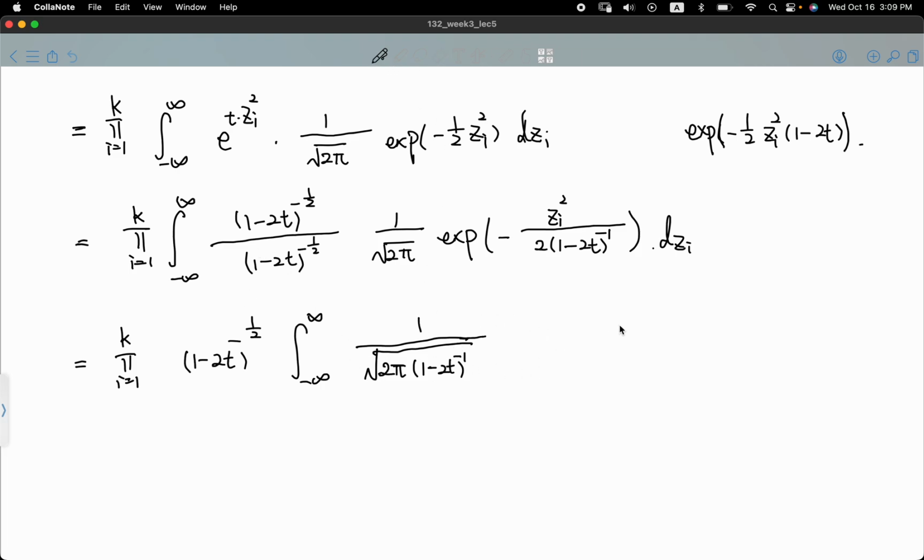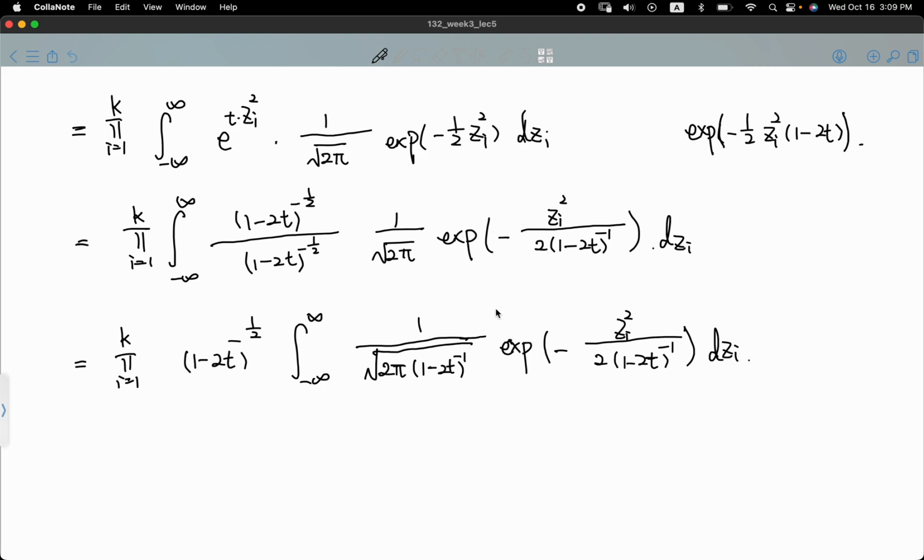Okay, that's that. So zi squared over 2, 1 minus 2t inverse, and then dzi. Okay, so now let's take a look at this form.